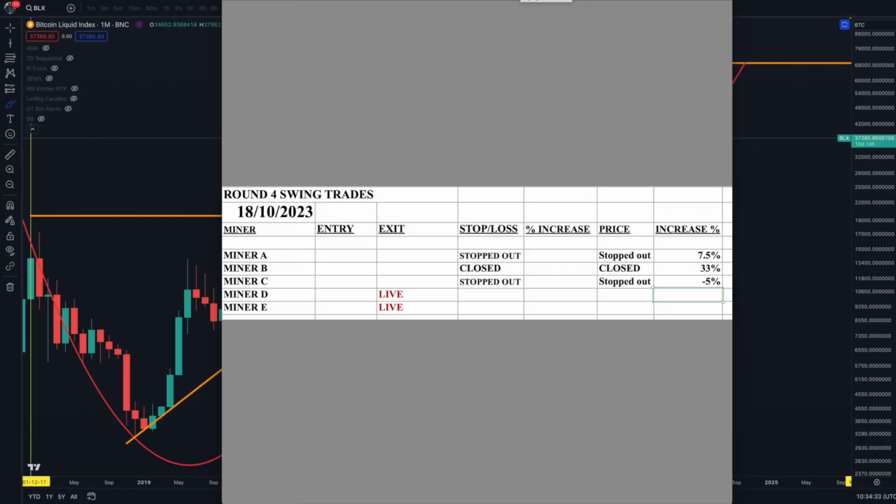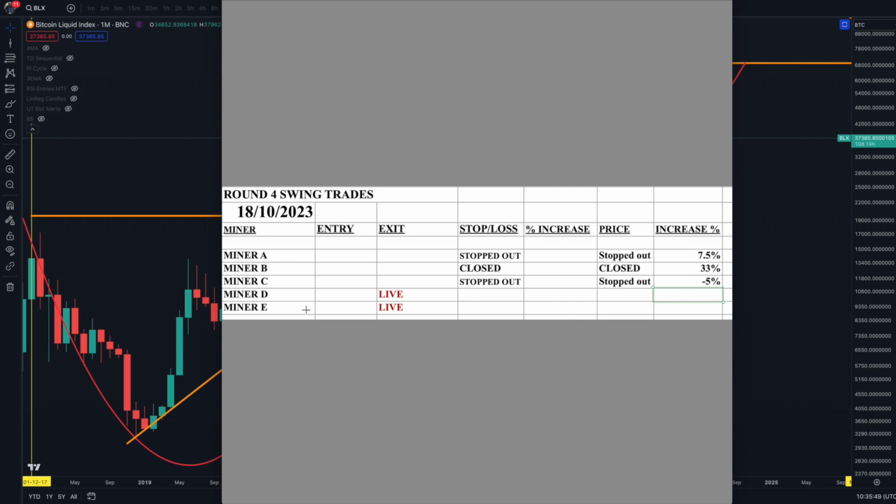Okay, just a quick update on the Bitcoin miners swing trades that we've got going on at the Bitcoin Miners Club. We've now got 2 live trades currently with 2 of the miners, and so far since 18th of October, we've closed our position on 33%, 7.5% and -5%. And Miner D currently, which is a live trade, we haven't closed this yet, is currently up 13% on Friday's close.